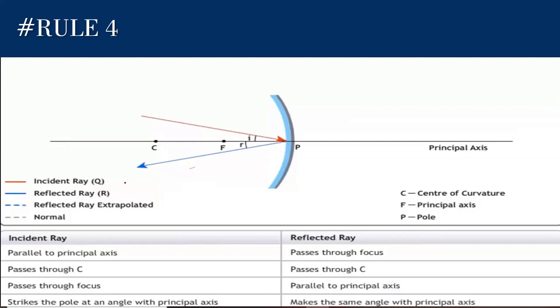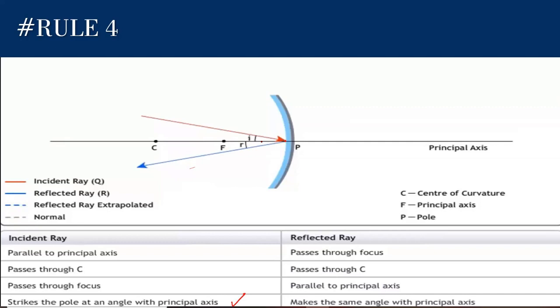Okay, so the 4th rule says if the incident ray strikes the pole at an angle with the principal axis, the reflected ray will also make the same angle with the principal axis. So that is your 4th law of reflection. Let us revise quickly.